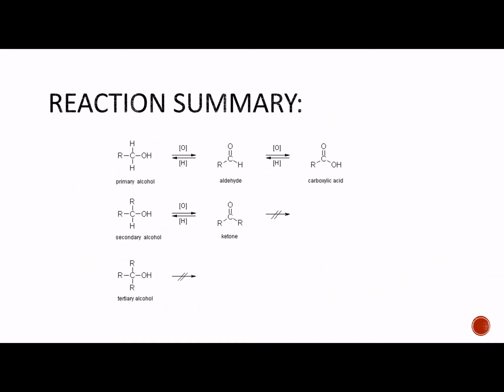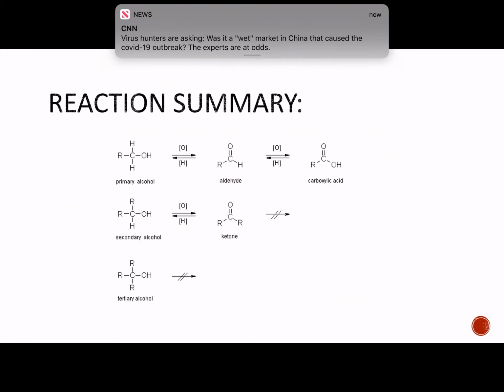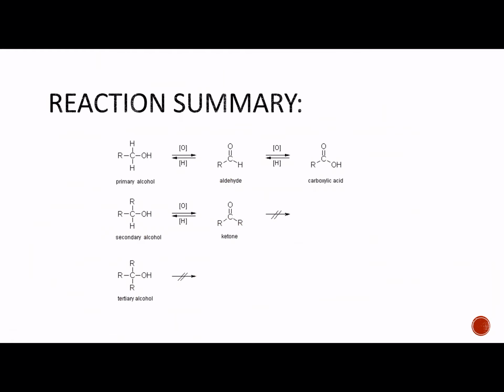And so let's take a look at this a little bit closer. If I have a primary alcohol, the idea is that I remove two hydrogens. Remember that oxidation is either adding of oxygen or removal of hydrogen. So I remove two hydrogens, one on the oxygen and one on the same carbon, the hydrogen next door. And so I end up with this. Well, right now, this does not satisfy the octet rule.